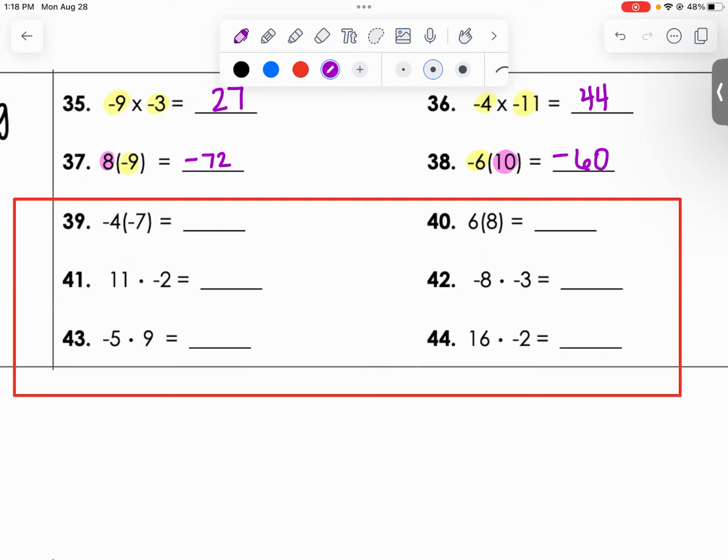These are both negative. 30 positive. And then 43 I got negative 45.